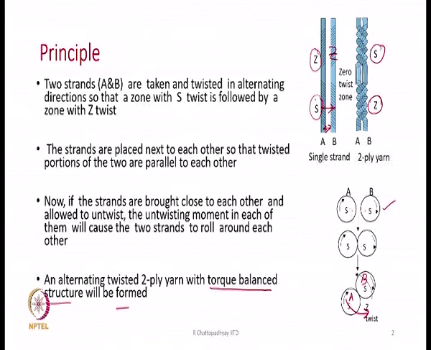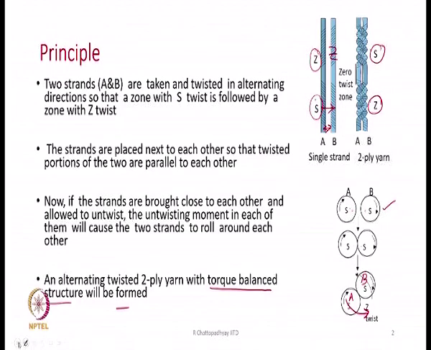And now, the individual strand twist and the ply twist, they will balance each other, that is, the torque will balance each other, and as a result we will get a two strand plied yarn and it will be torque balance. There will be no untwisting torque in the plied structure. So, this is the principle.